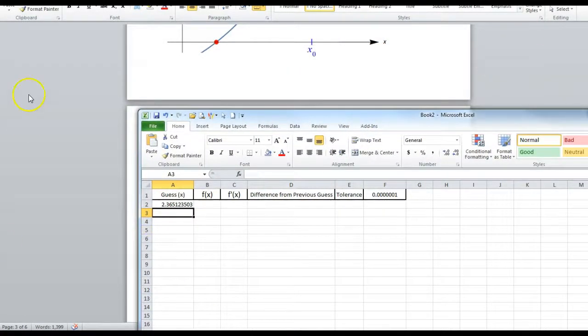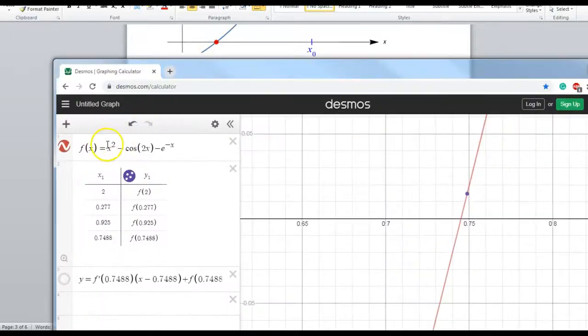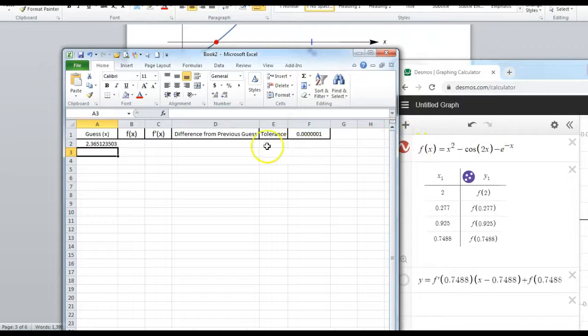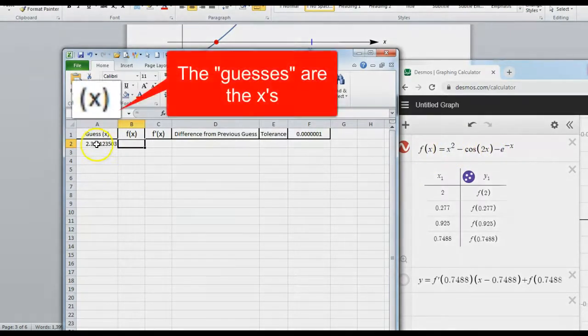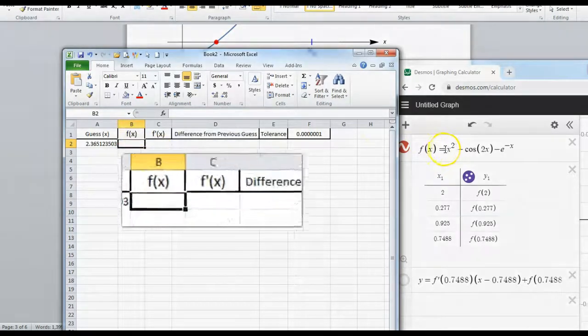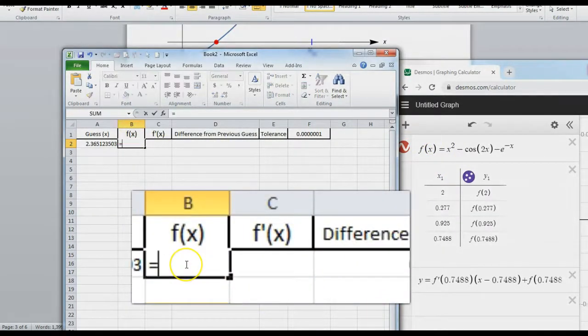I'm still doing the one right here from my example, because this is the function. When I go to f of x, every time I see an x show up in the model, I'm going to click on this guess. So to get this to work, I basically start on the other side of f of x. There's f of x and then equals. So in the box, I'm going to start with equals x squared. This is x.